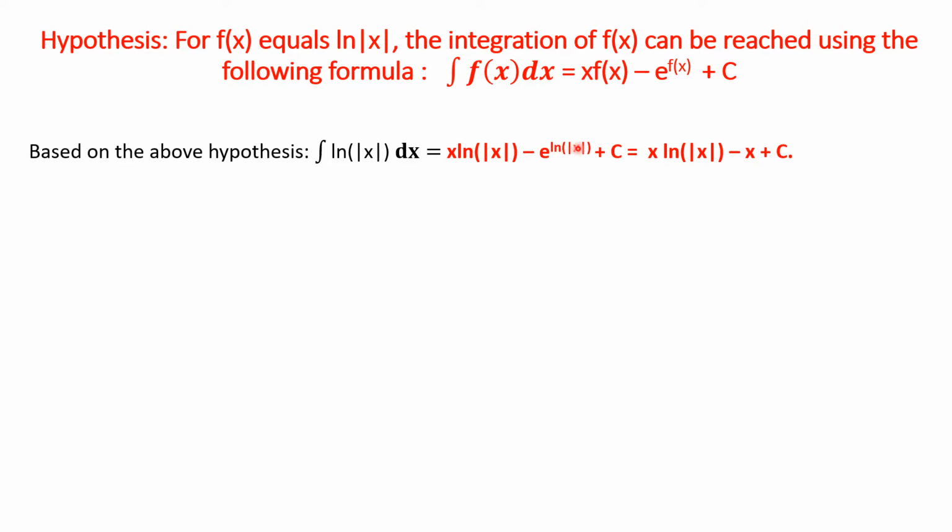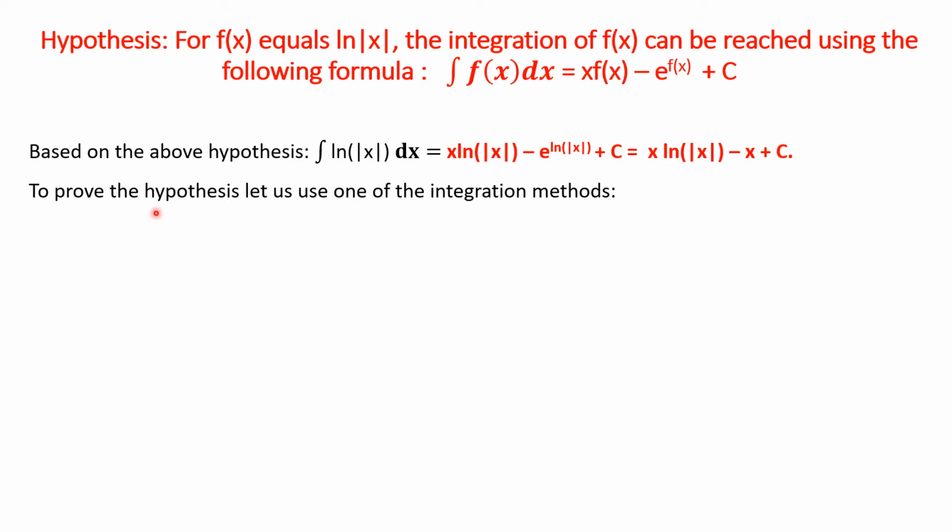And we're just using x because the ln will produce only positive values and receive only positive values as a function.